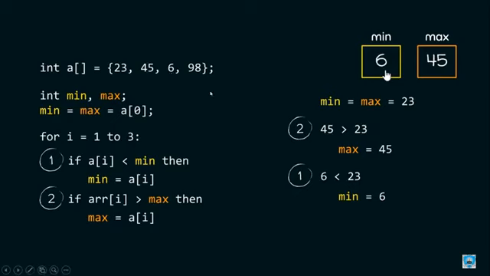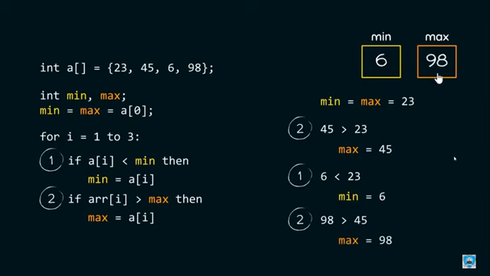So the last one, 98, we are taking. Again, this second condition will be true, because array of i, the last element 98, will be put over here, and I already find that 45 is over here. So for this condition, I compare with the array, please kindly concentrate. 98 is greater than 45. Yes, this condition is true, and my maximum value becomes not 45 but 98.